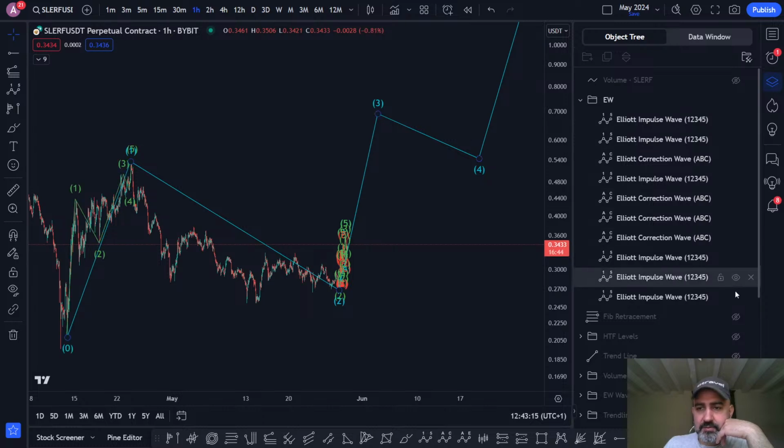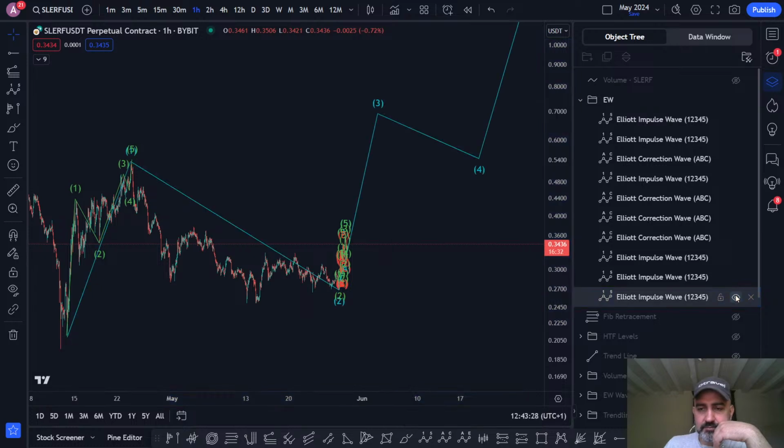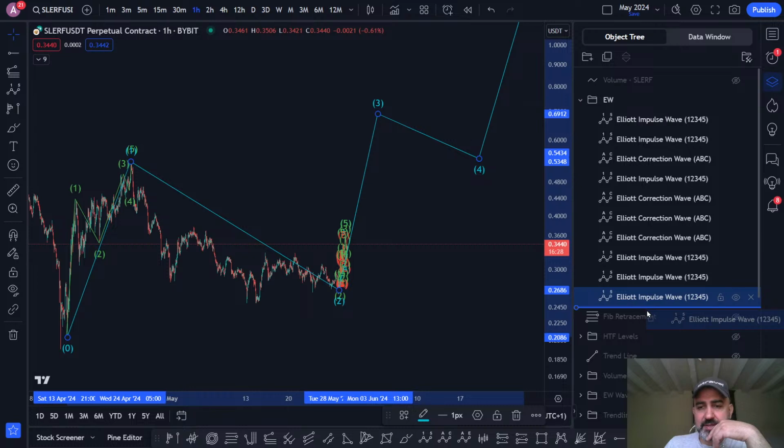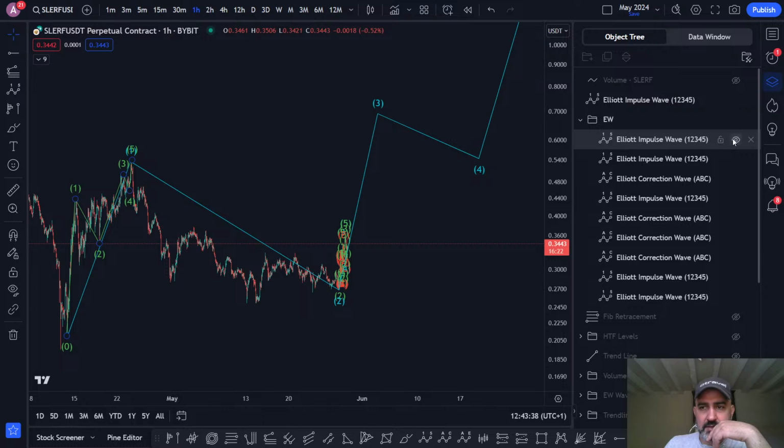Which one was that one? That was the impulse there. Corrective, corrective, corrective. Impulse. How was that big one? Is it that one? That's the one. Okay, let's just put that at the bottom. So actually what I want to do is separate them because it'll be easier to hide. So this one, yep. And then where's that one?